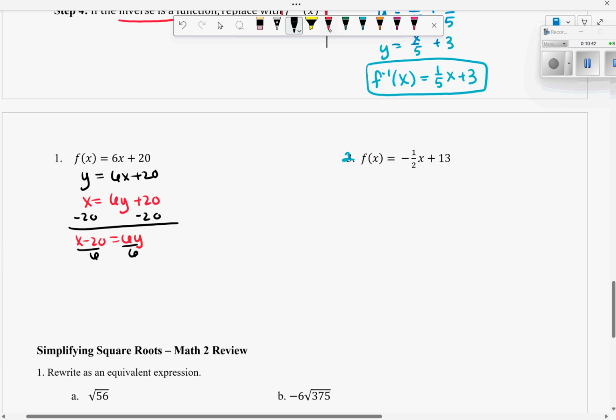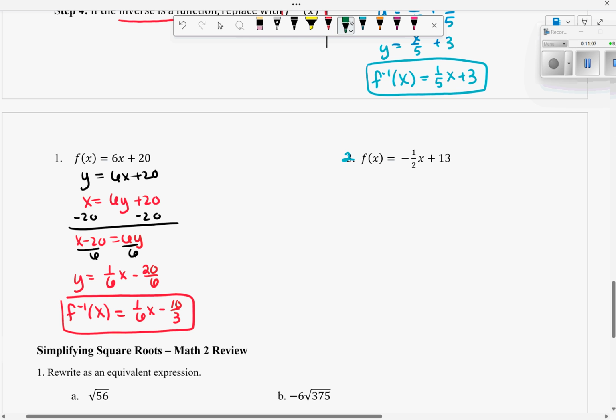And so we have y is equal to 1/6x minus 20 over 6, which is 10/3. So we can write this, because it's linear, in inverse function notation. So this would be 1/6x minus 10/3 when we reduce.